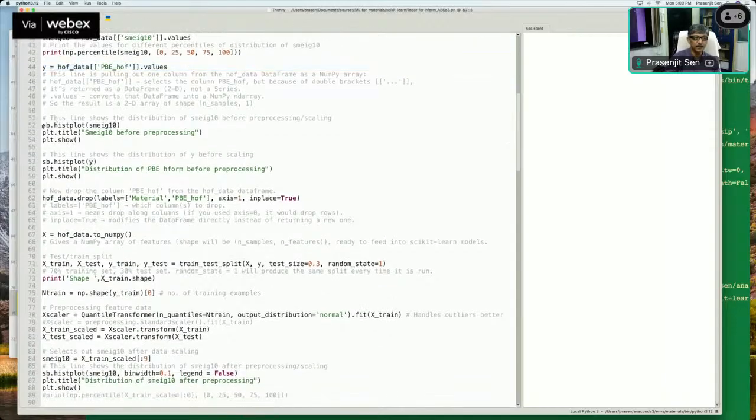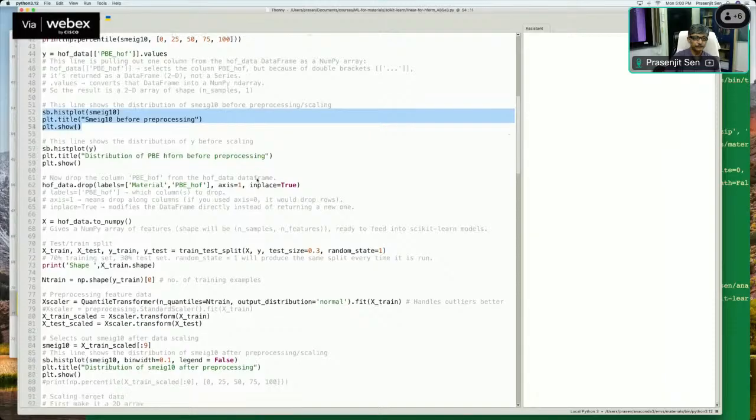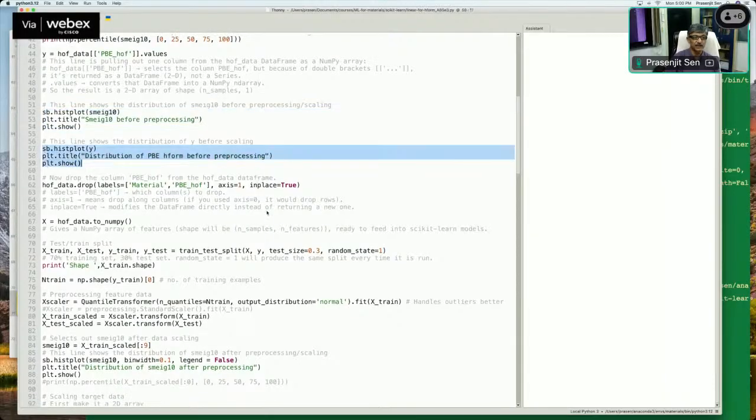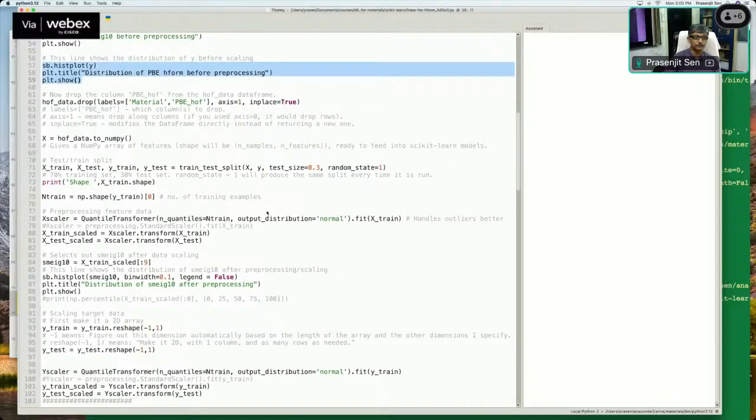And here, just to show you, I'm plotting the distribution of this 10th eigenvalue before any preprocessing has been done. We'll see it when I run this script. And this is again for our understanding. This will plot the distribution of the heat of formation values.